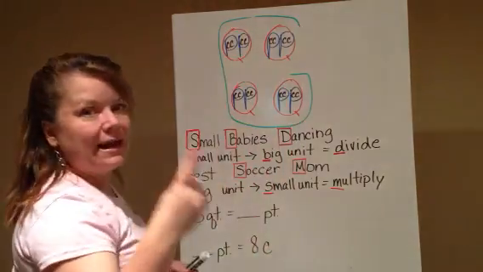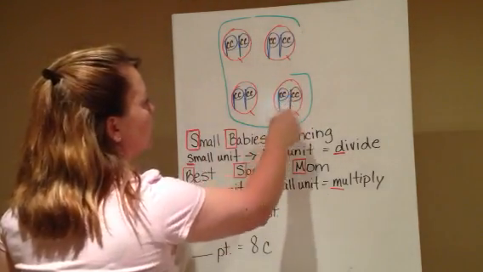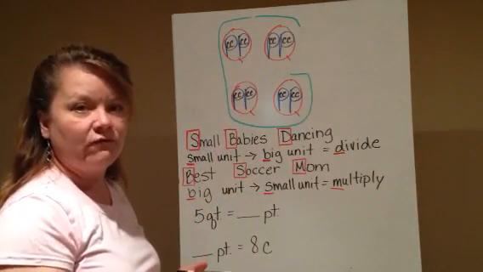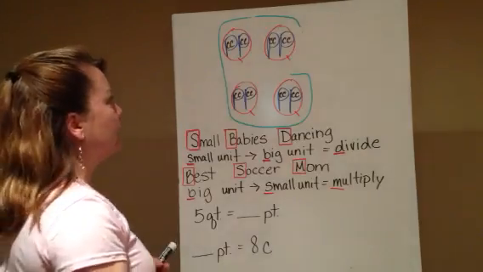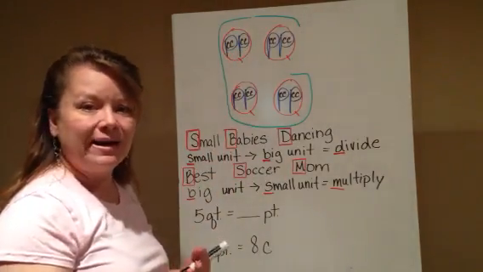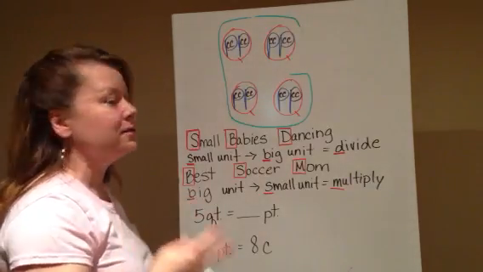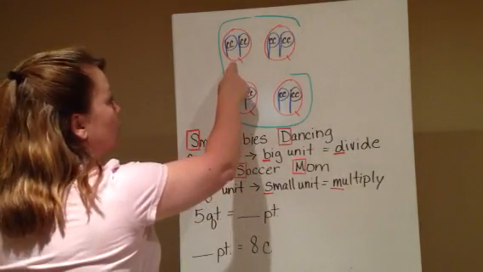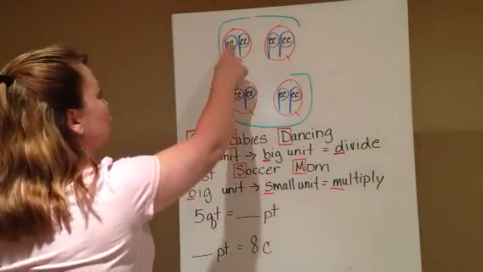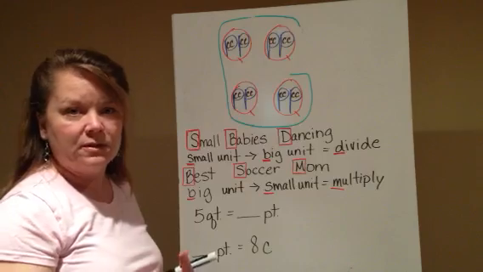And in 1 gallon, we have 4 of these Q's, which are going to represent quarts. So there are 4 quarts in 1 gallon. And then the P is going to represent a pint. So 2 pints are in 1 quart. And in 1 pint, we have 2 cups.